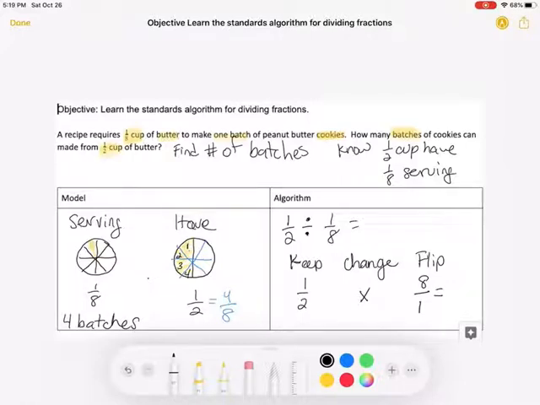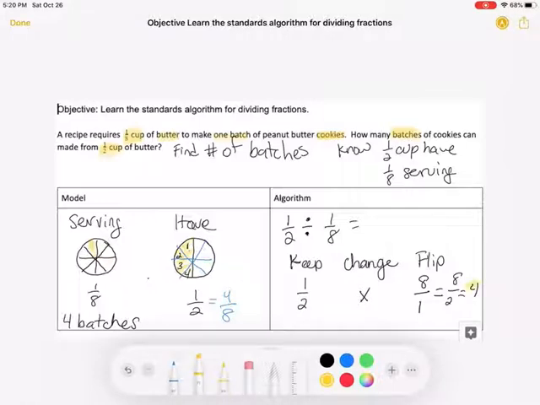When I multiply a fraction, I simply multiply the numerators, 1 times 8, and I multiply the denominators, 2 times 1, and I get 8/2. And the fraction bar actually means divide, so 8 divided by 2 equals 4. So now this is pretty cool.